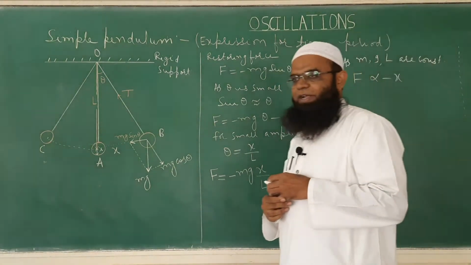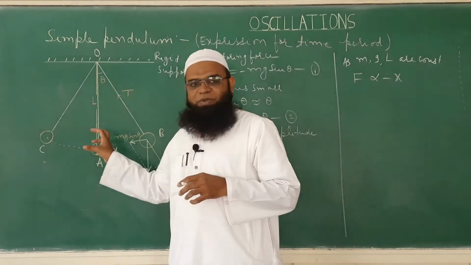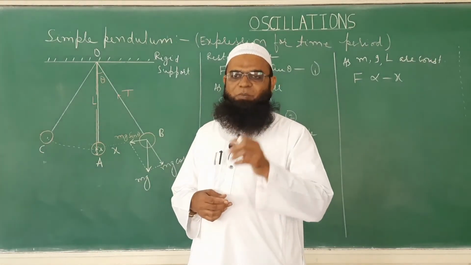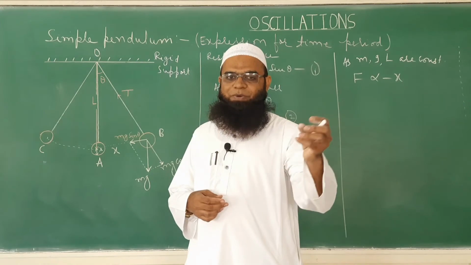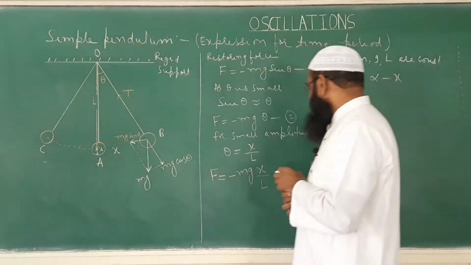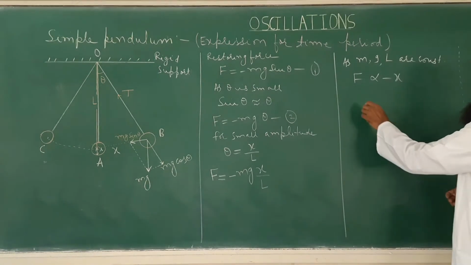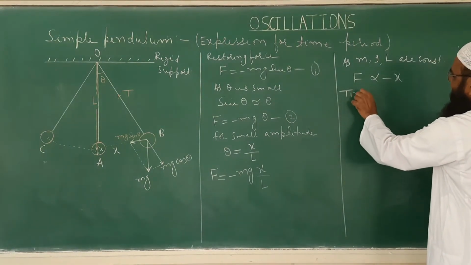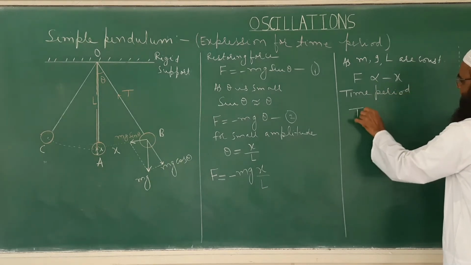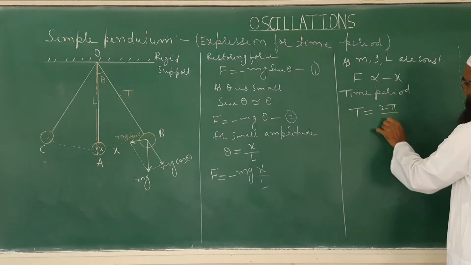Now we will try to find the expression for the time period of a simple pendulum. That means how much time is taken by a simple pendulum to perform one oscillation. How to find it? As we know, time period T is equal to 2 pi upon omega.